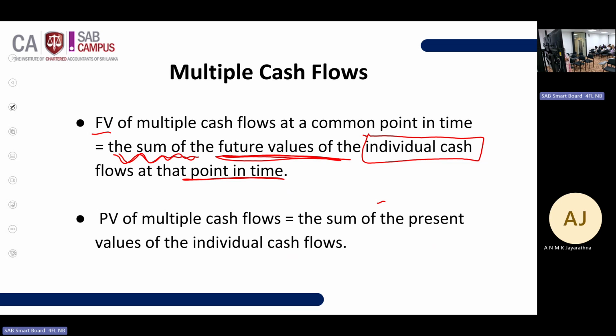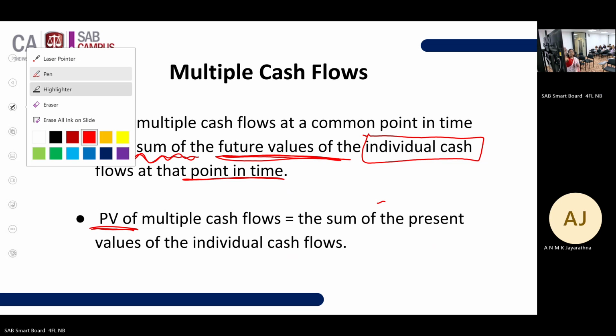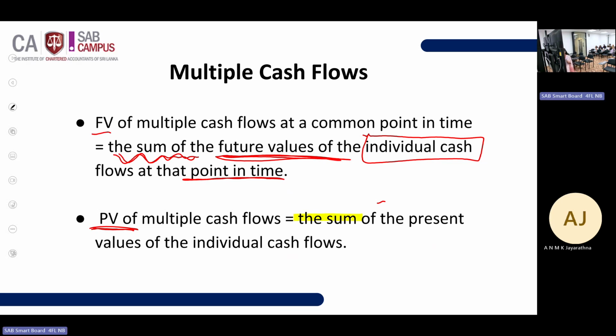Second one, how can you calculate present value? Even if you don't know these technical explanations, you did this a thousand times in calculating NPV and all those things. Again, highlight the sum.